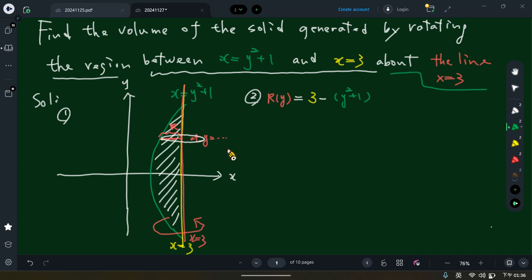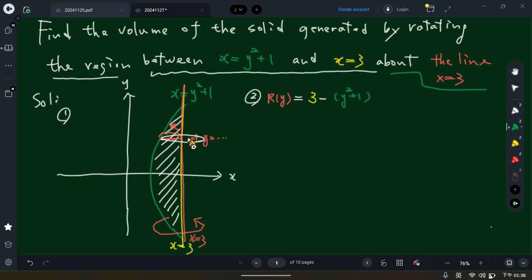At each y, you should calculate the radius, so R depends on y.